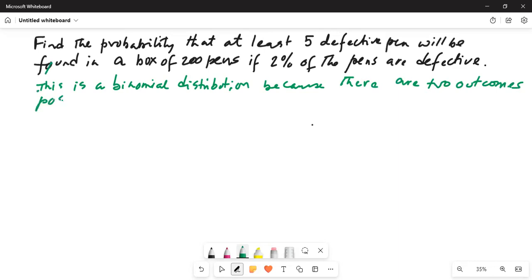One is defective pen and two is not defective pen.